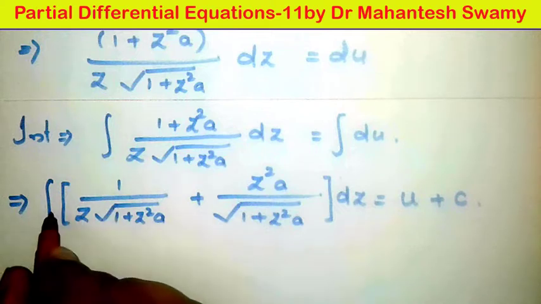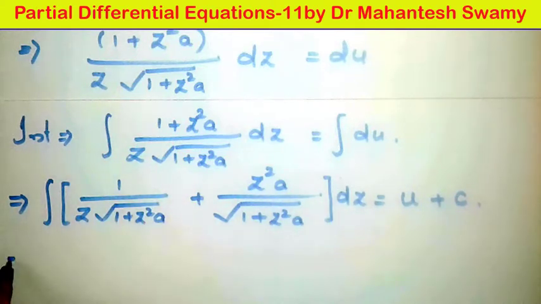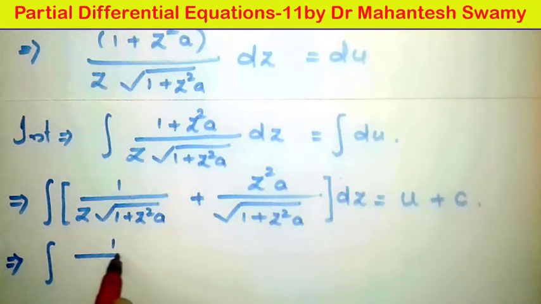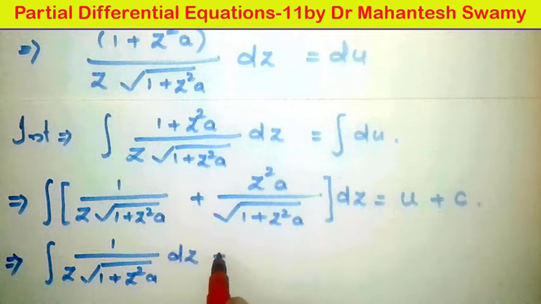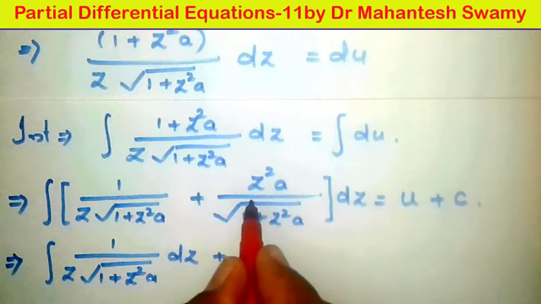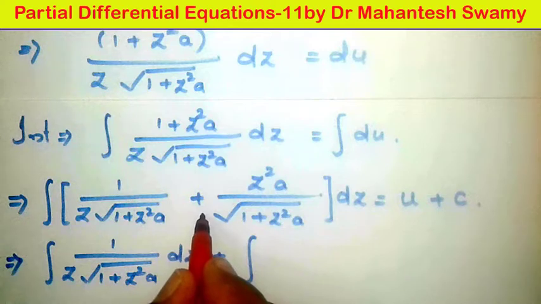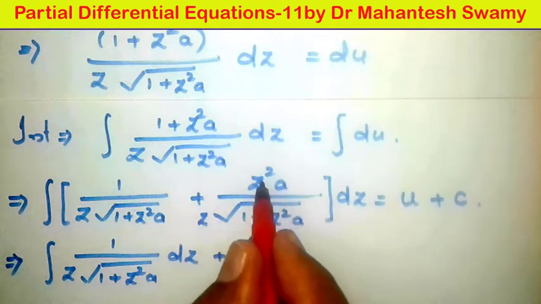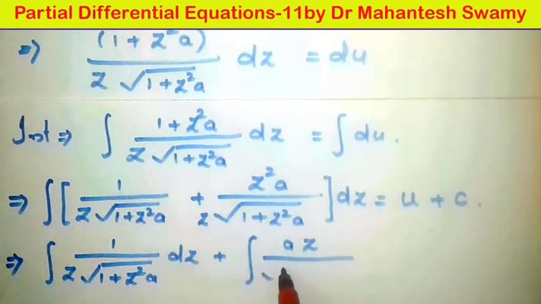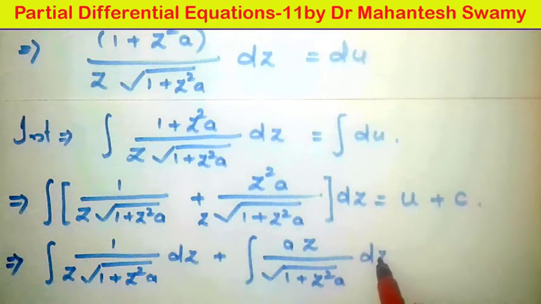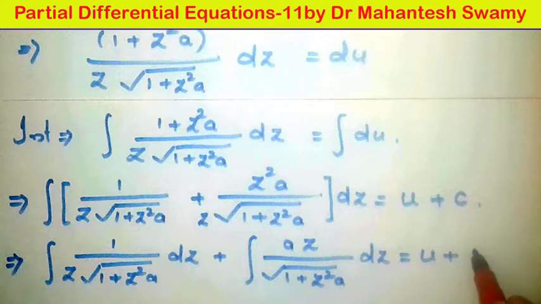Now we have to evaluate these two integrals. So the first integral is integral of 1 by z into root of 1 plus z square a dz, plus the second integral is here. In this term I have forgotten to write z in front of this. So z cancels, it is a into z divided by root of 1 plus z square a into dz, that is equal to u plus c.